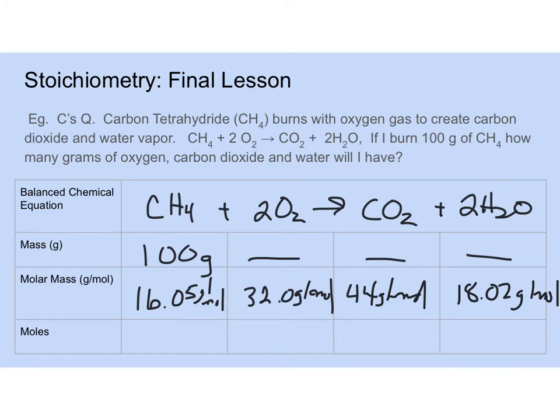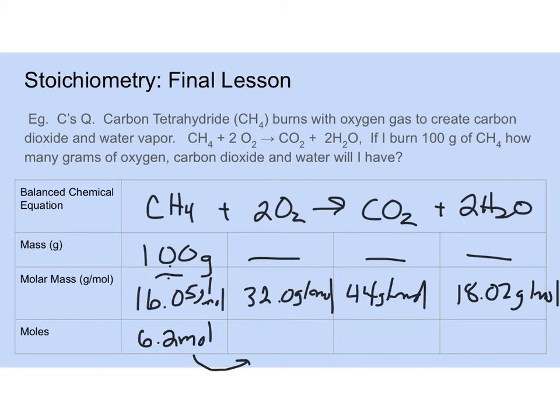I can really only do one calculation right now, which is getting the number of moles. So I'm going to take 100 grams and divide it by 16.05. So let's do this: 100 divided by 16.05. And I got 6.23 moles. But now I want to figure out the number of moles of oxygen.